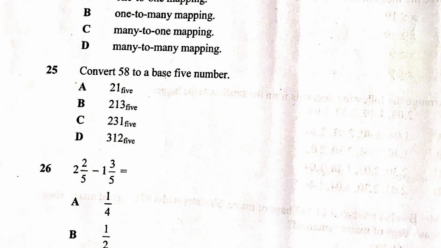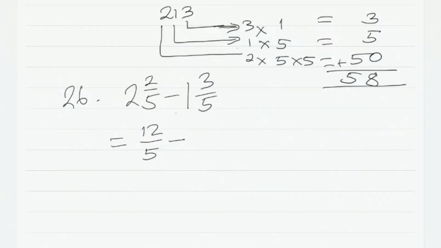So we must multiply 5 times 2, that is 10, plus 2, that is 12, over 5. Take away 5 times 1, that is 5, plus 3, that is 8, over 5.